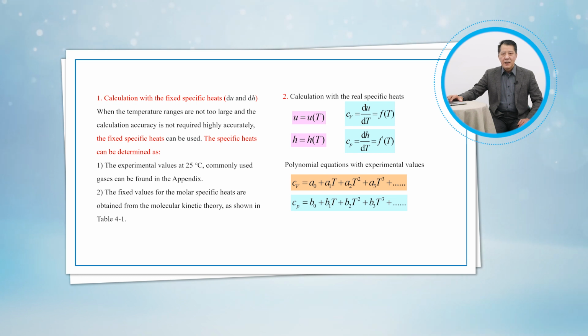That is, the specific heats are expressed in the polynomial equations of temperature with experimental values. The factors of the polynomial equations can be found in Appendix A7 for some gases. This is an accurate way to calculate the changes of u and h.